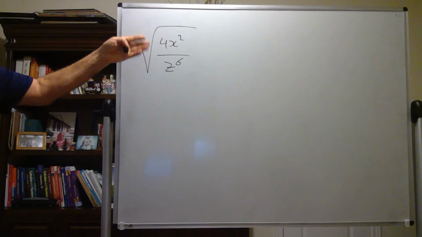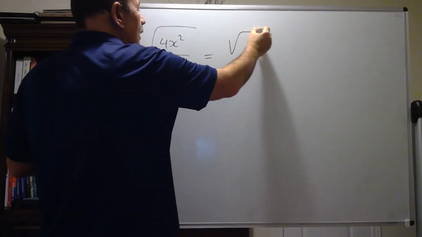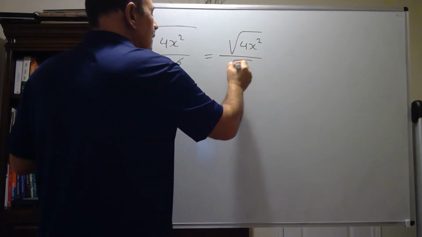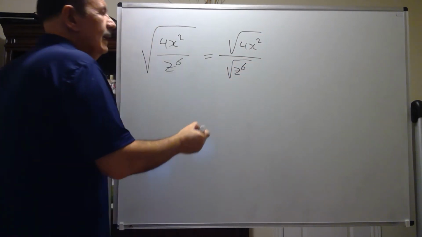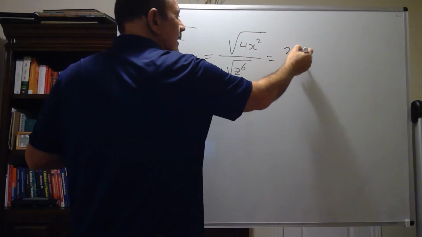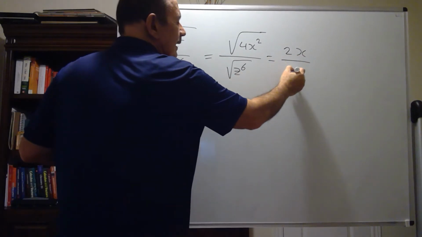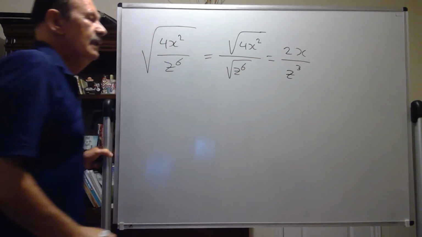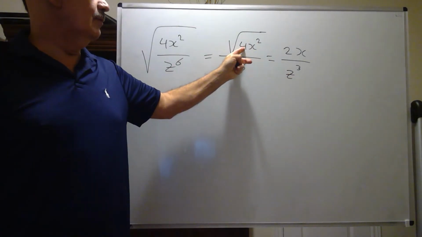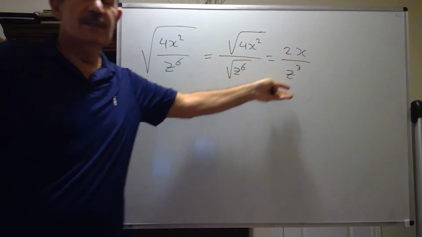For this one I can separate it as radical 4x squared over radical z to the power of 6, and then 4x squared is a perfect square. I can take it out, 2x, and z6 again is a perfect square. I can take it out as z cubed. 6 divided by 2 is 3, the square root of 4 is 2, and for x squared, 2 divided by 2 is 1.